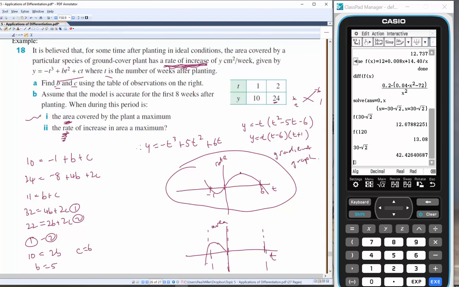All right, then what we're going to get is a positive gradient. I've got myself confused there. So we've got a negative gradient to the stationary point.